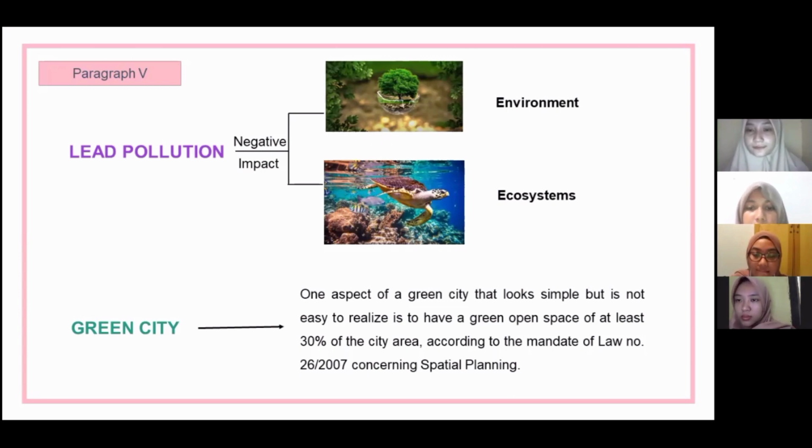One aspect of a green city that looks simple but is not easy to realize is to have green open space of at least 30% of the city area, according to the mandate of Law Number 26 of 2007 concerning spatial planning. By implementing a green city, polluted land and sea can be managed in such a way. Next.